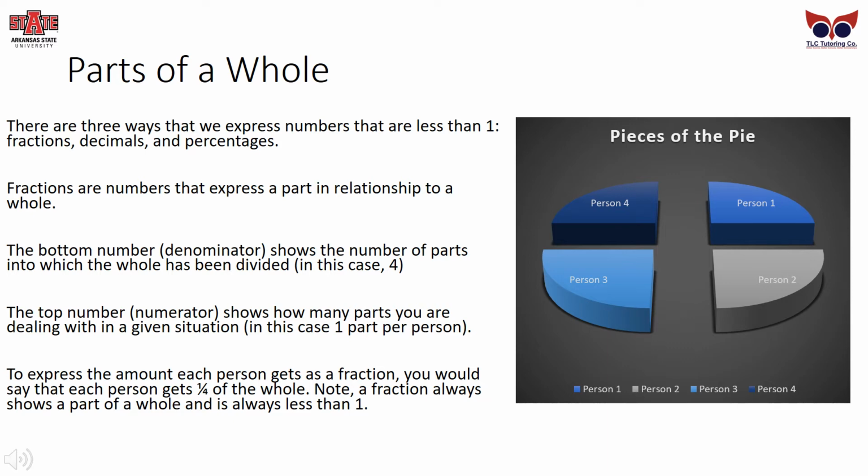The top number, or numerator, shows how many parts you are dealing with in a given situation, in this case 1 part per person. To express the amount each person gets as a fraction, you would say that each person gets 1/4 of the whole. Note, a fraction always shows a part of a whole and is always less than 1.